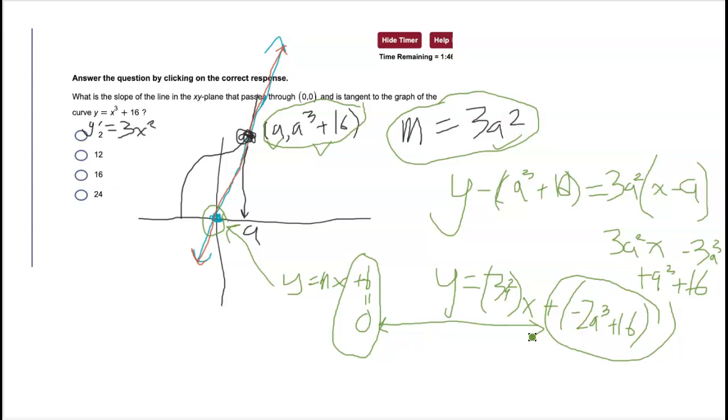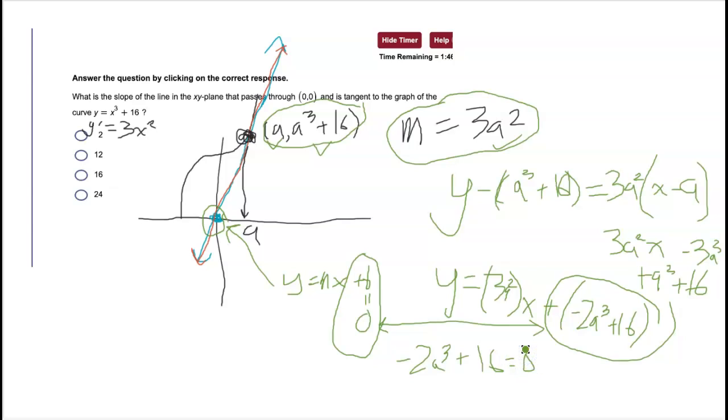You want to find the particular value of a that makes the tangent line also go through the origin. So the y-intercept has to be 0. So negative 2a cubed plus 16 equals 0. I'll let you finish off the algebra.